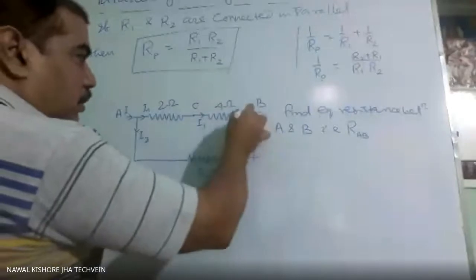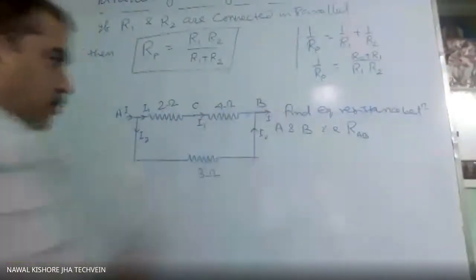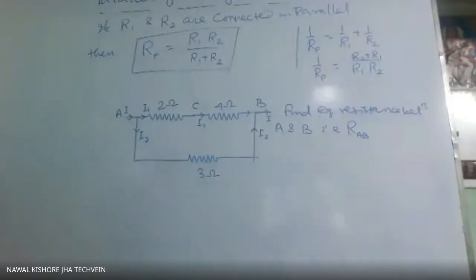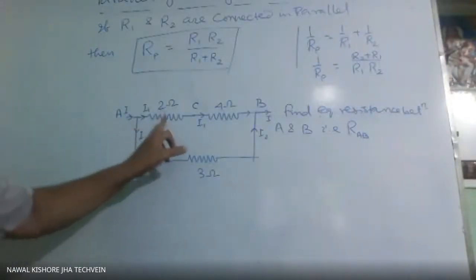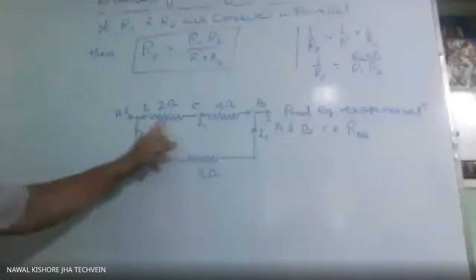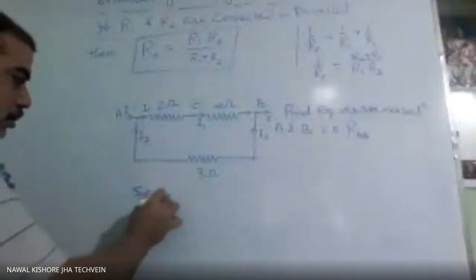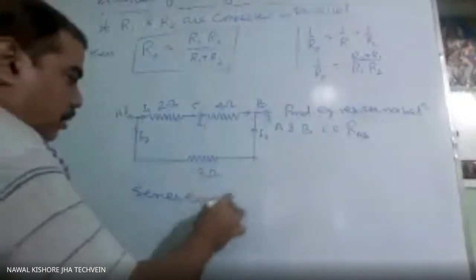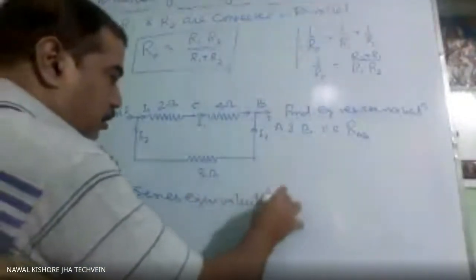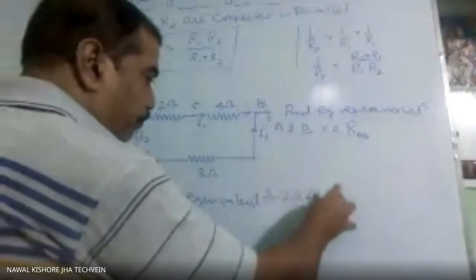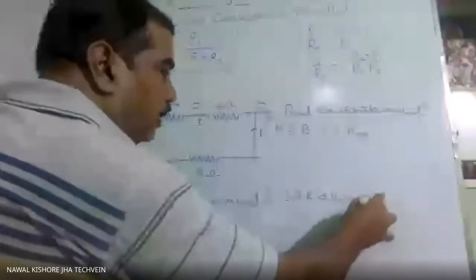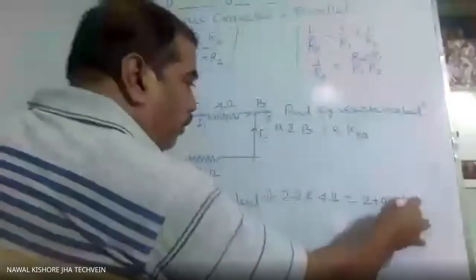Suppose this is I2, this is I1, again it is I. As the same current is passing through 2 and 4, that means 2 and 4 are in series. So first we will find the series equivalent of 2 ohm and 4 ohm. This is 2 plus 4, that is 6 ohm.